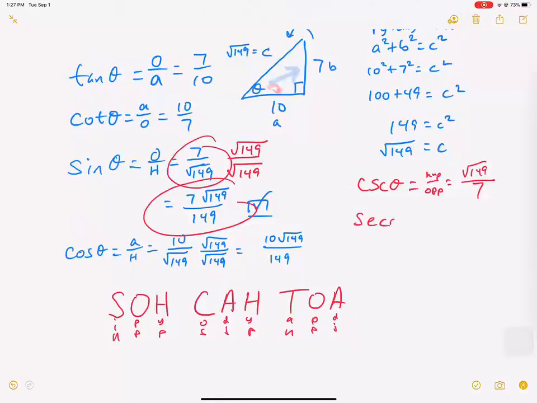Secant theta is hypotenuse over adjacent, so that's the square root of 149 over 10. And then cotangent of theta is adjacent over opposite, and the adjacent to theta is 10 and the opposite is 7.